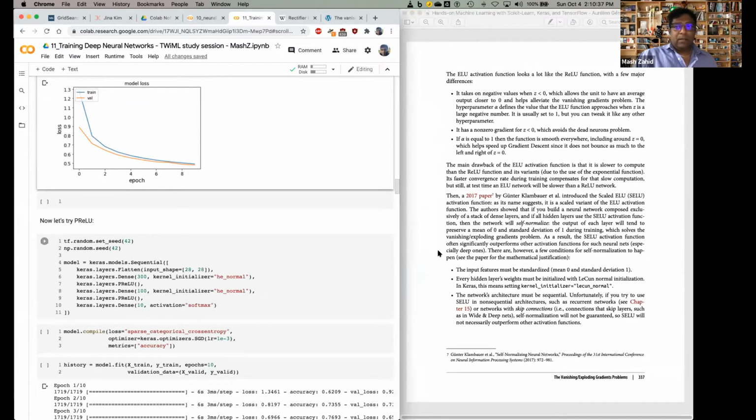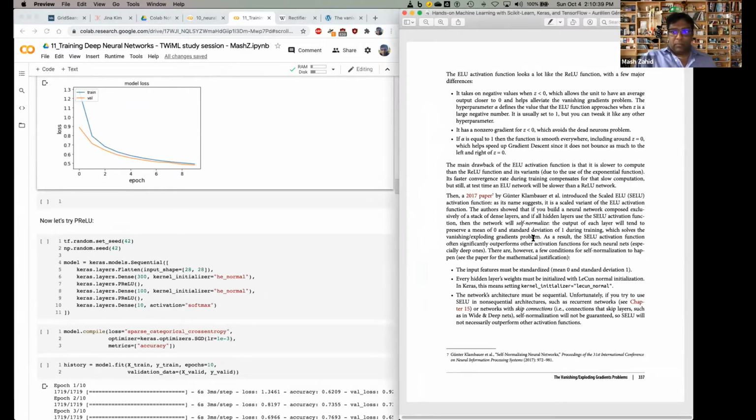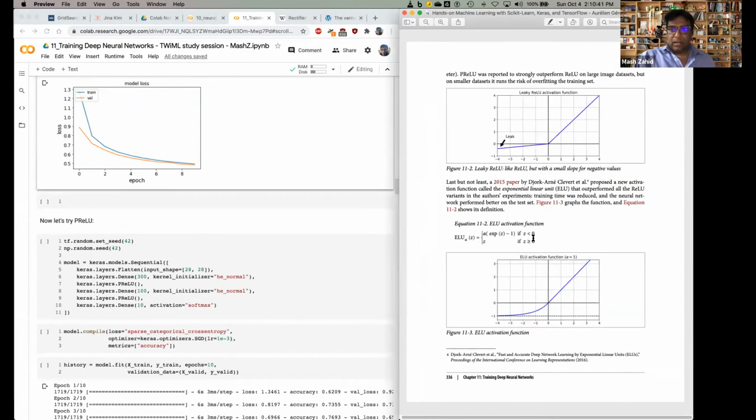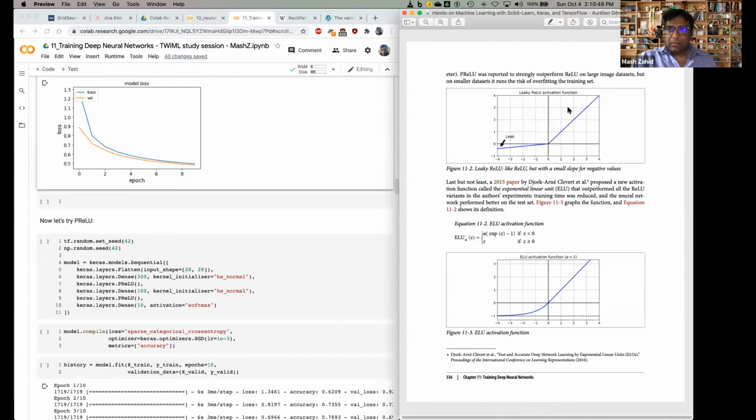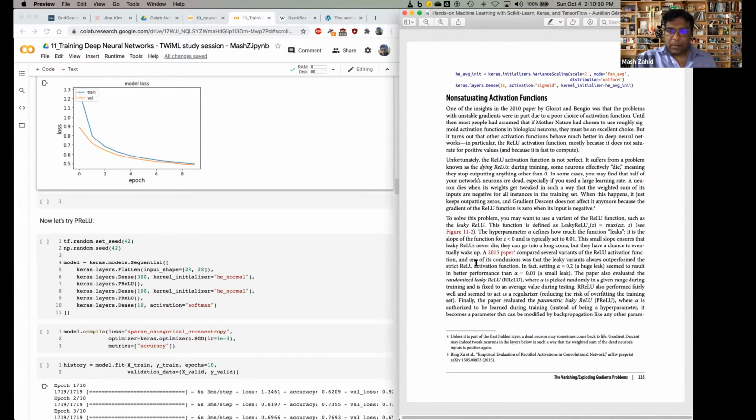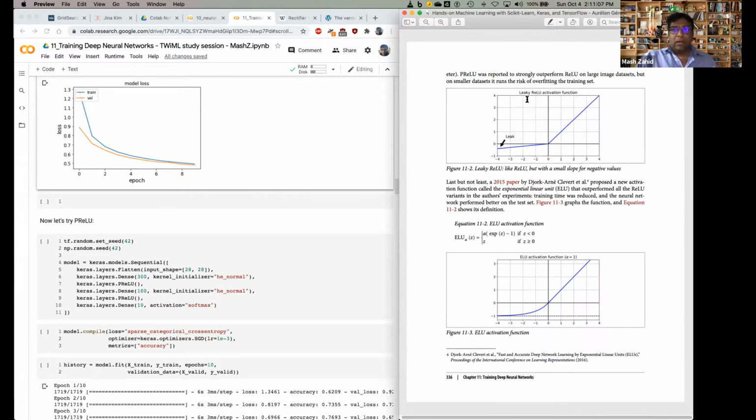Let's go into the parameterized ReLU. Where does he explain that? This is on page 335, he mentions the randomized Leaky ReLU, as Stephen had also mentioned, but this parametric Leaky ReLU, where alpha is authorized to be learned during the training instead of becoming a hyperparameter.